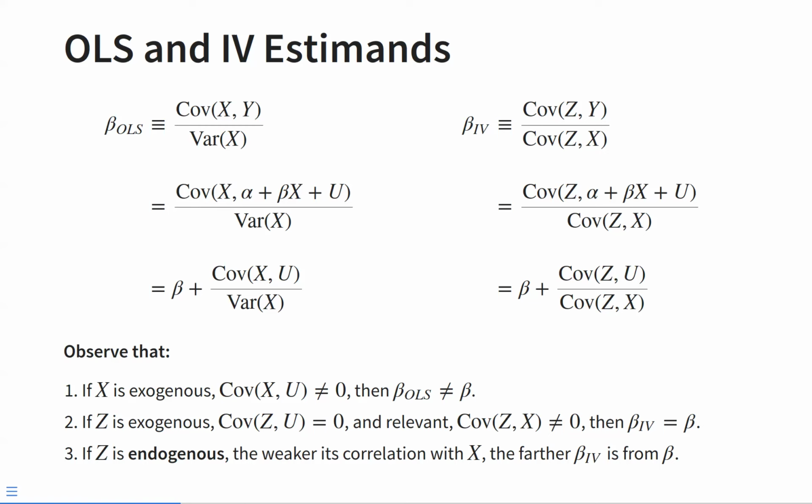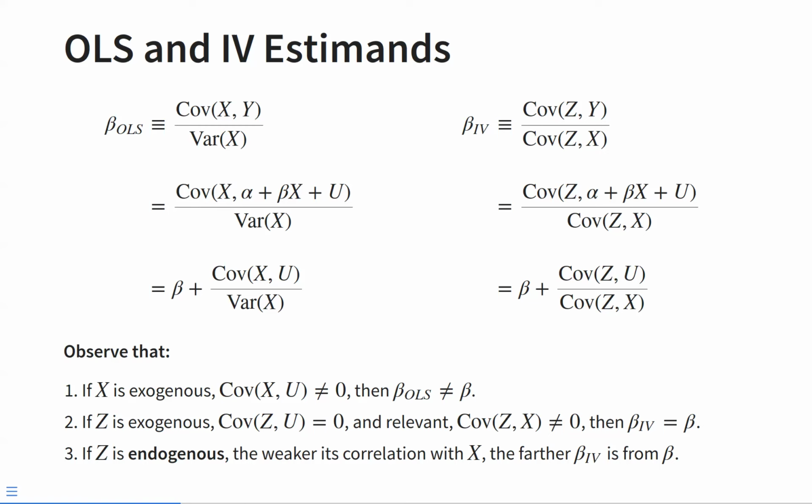Now, if we turn our attention instead to the right-hand side of this slide, we can see the instrumental variables estimand, beta IV. That is the thing that in large samples, our IV estimator will be approximately equal to. It is the population quantity that we are estimating when we do IV.